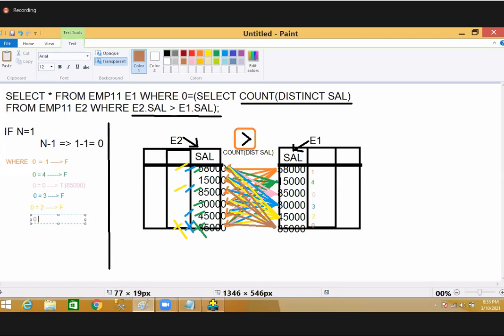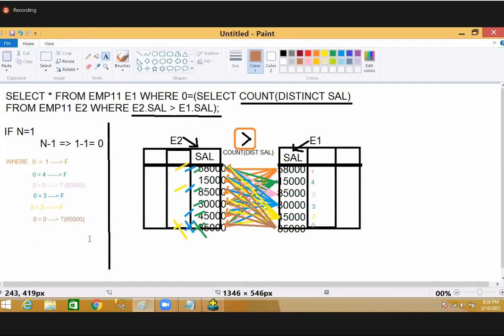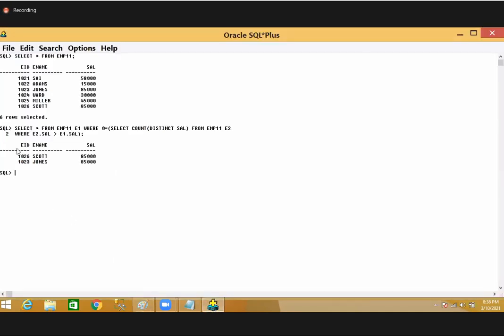Then 0 is equal to 0. Condition true or false? True. At which value? 85,000. So finally, what is my answer? At 85,000, 2 employees are getting it. So 2 employees are my first highest salaries. Now successfully we achieved it.